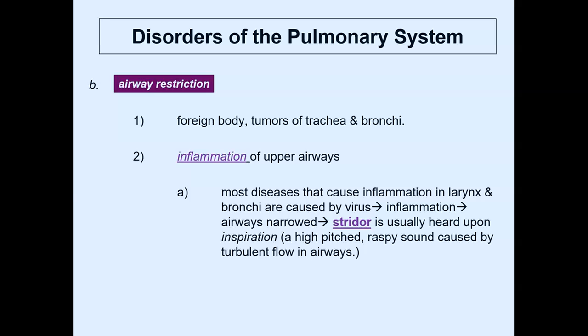Foreign bodies can cause an airway restriction, in other words, the inability of air to come in because there's an actual physical obstruction. And inflammation also offers an obstruction or restriction in the ability of the patient to bring in enough air. So when your upper airways are inflamed, then as the patient tries to inhale, they will have what's known as stridor.